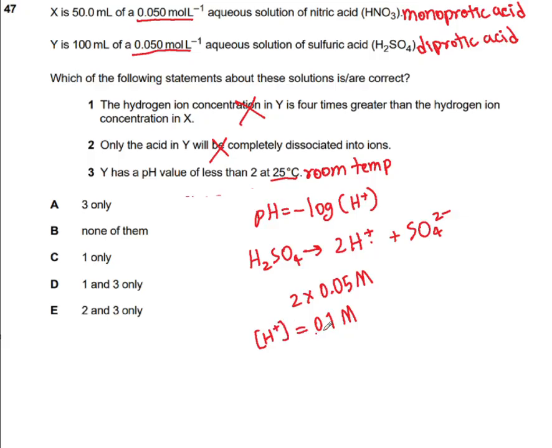Now, for our ease of calculation, because we know we don't have calculators in labs in IMAT exams, we just simplify this into 10 to the power negative 1 mole. So that's the concentration of proton.